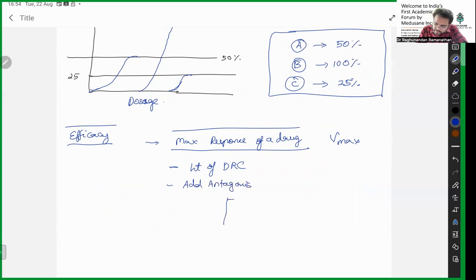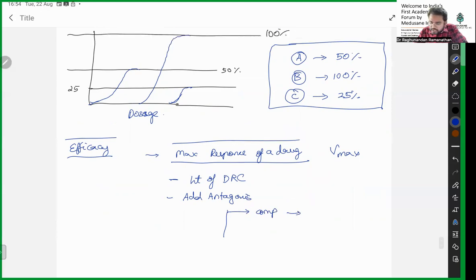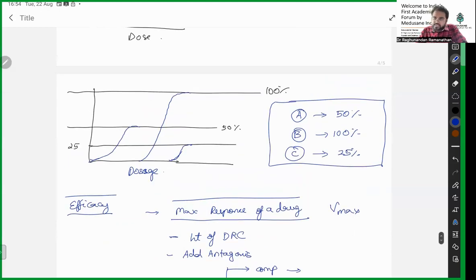If it is going to be a competitive antagonist, what happens? Competitive antagonist is going to depend upon the dosage. It does not depend upon the response.